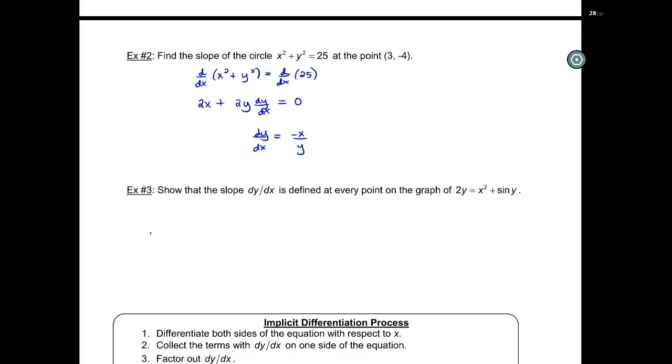Every single time, because no matter what the radius is, when you do the derivative of the radius squared, you always get 0. So you're always going to get negative x over y. Now, we want to find it at the point (3, -4). So we have negative 3 over negative 4. So 3/4. Okay.